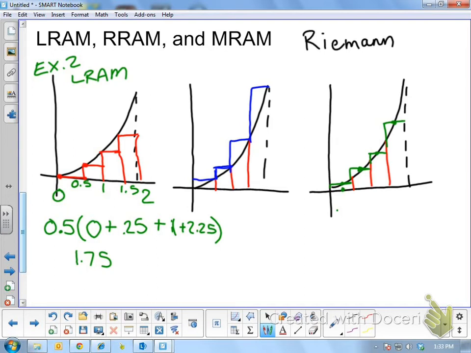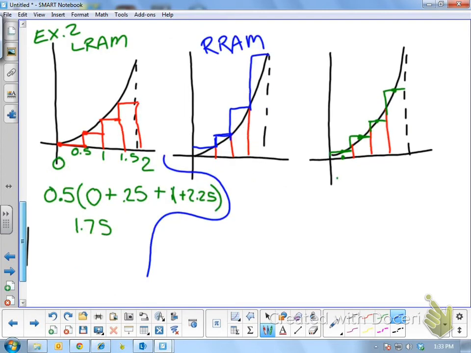So now we would do the second approximation. We would do our RAM. So it's still going to have the same width of rectangle. It's still 0.5. But what is our first height on the RAM? Instead of using 0 squared, we start with 1/2 squared.